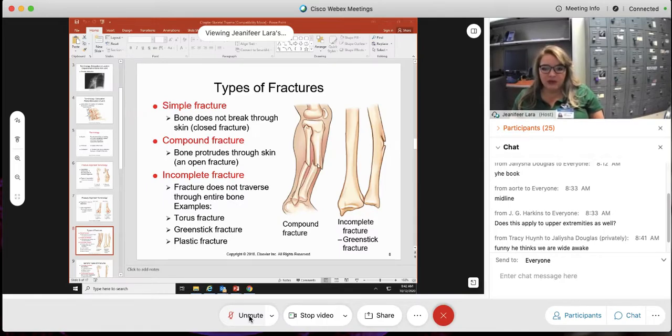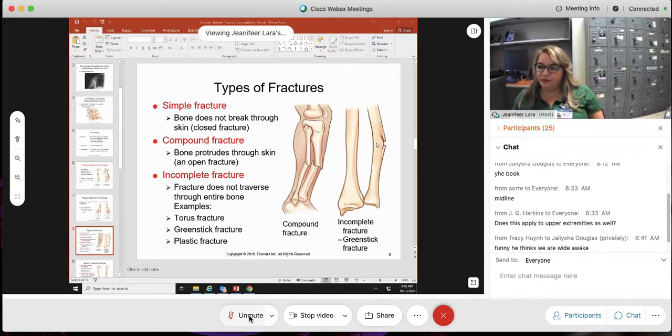Okay? Any questions? An incomplete fracture. The difference with an incomplete fracture is that it does not go through the entire bone. It's just a portion of the bone that is fractured, meaning it didn't make the complete break. Make sense?